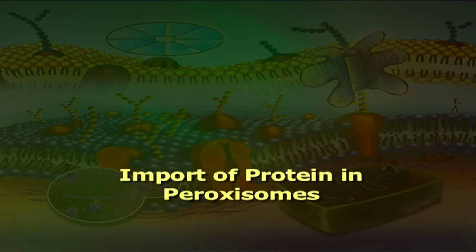The glyoxylate cycle does not occur in animal cells, and animals are therefore unable to convert the fatty acids in fats into carbohydrates. Import of protein in peroxisomes. A specific sequence of 3 amino acids located at the C terminus of many peroxisomal proteins functions as an import signal.